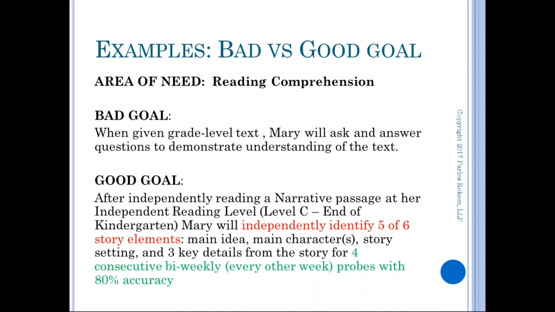We know how we're going to show mastery, after 4 consecutive bi-weekly probes. So this is a nice, meaty goal. It gives you a lot of information, a lot of things to measure, and that's what we want to see.